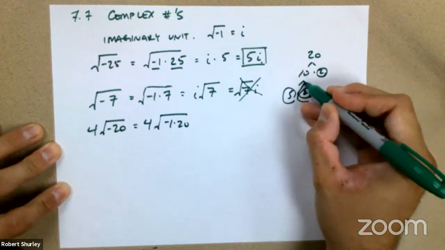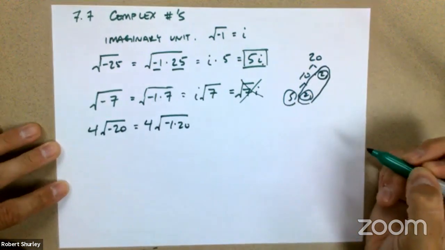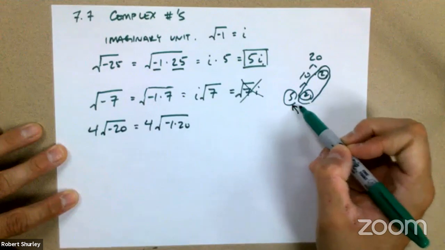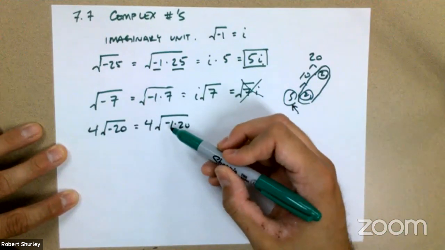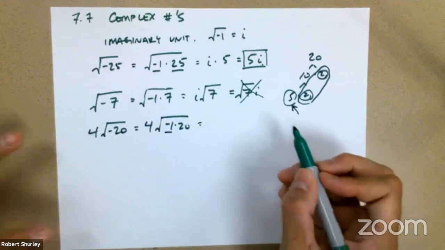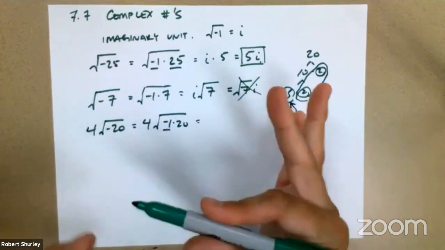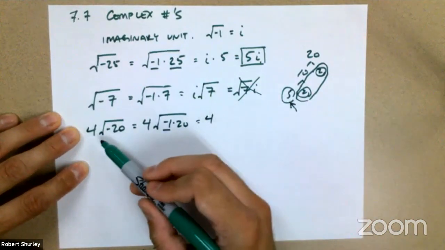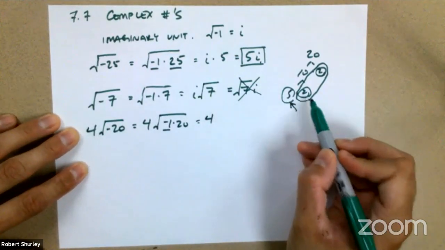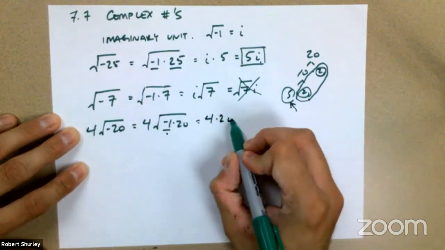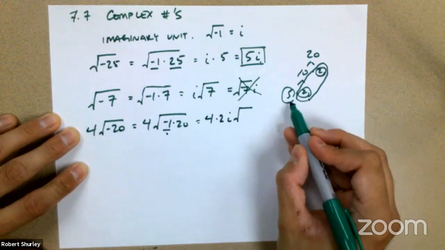Oh, yeah. We can take a 2 out of that 20. So we can take a 2 out of the radical. It's going to leave us with a 5. But we can also take the i out, or we have to take the i out, okay? So I'm going to write what comes out and what stays in and not just do it all in one step. So what comes out, we've got a 4 that comes out, or it's already outside, I should say. We've got a 2 that needs to come out. We've got an i that's got to come out. And what's left over is just this 5.